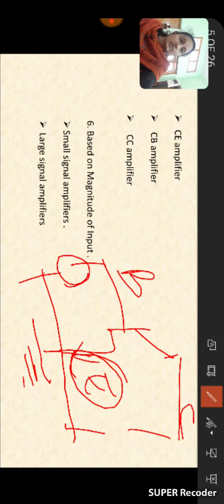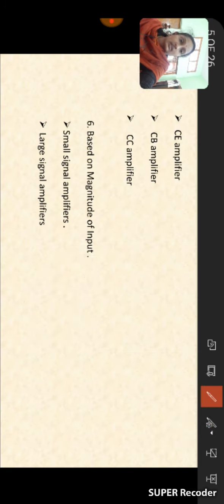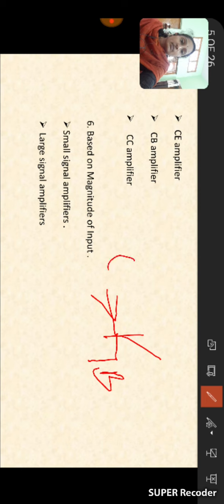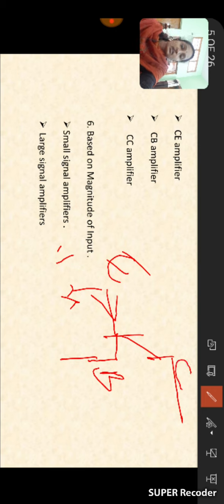Next one is what? Common base amplifier. So while coming to the common base amplifier, here the base terminal is common. Okay, base terminal is common. For emitter terminal, here we are applying the input, and from the collector terminal we are accepting the output.